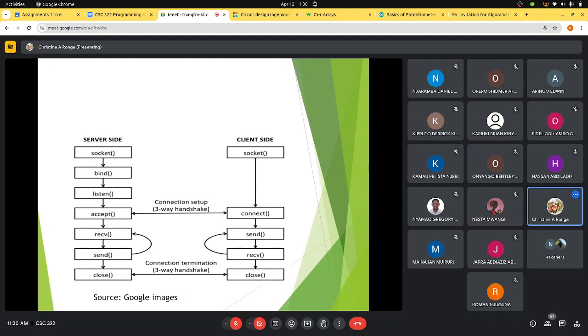Now, having sent the disconnect request, the transport entity places the connection in the FIN wait state.